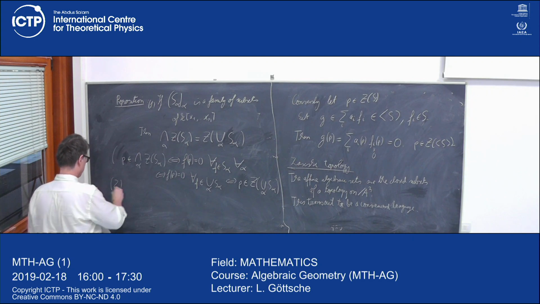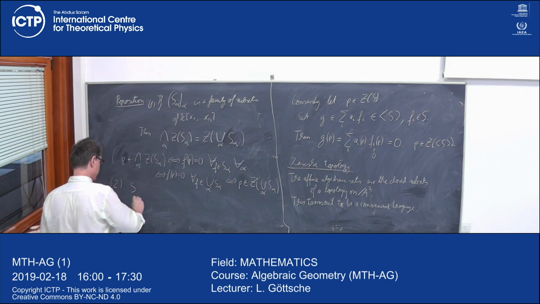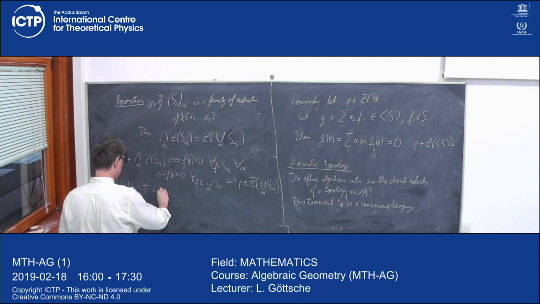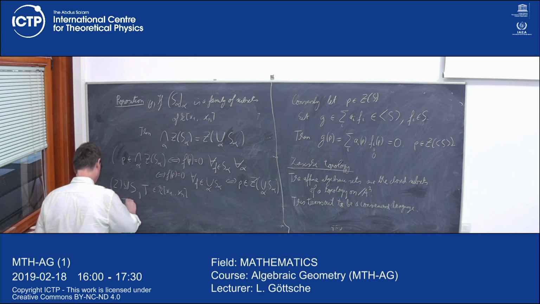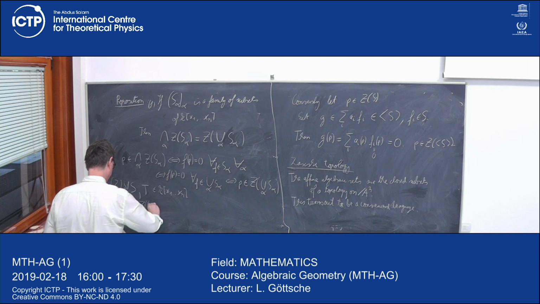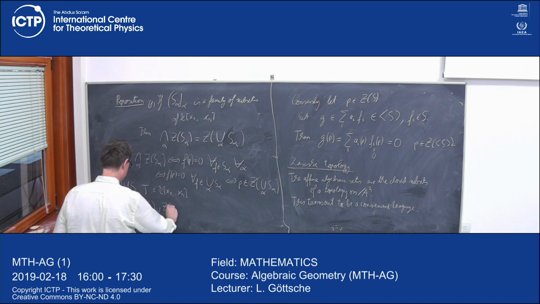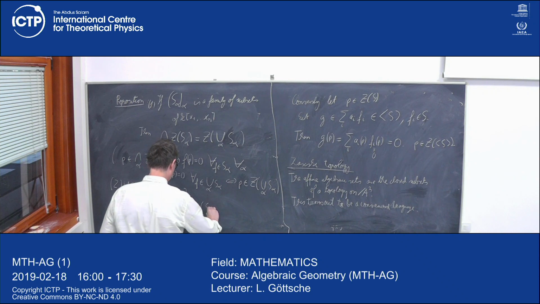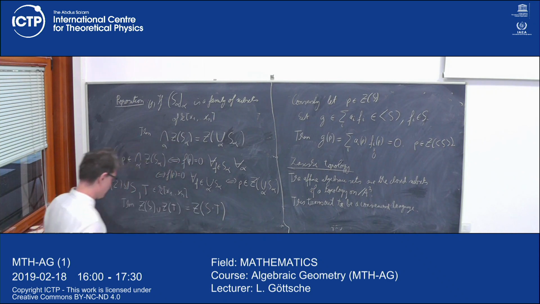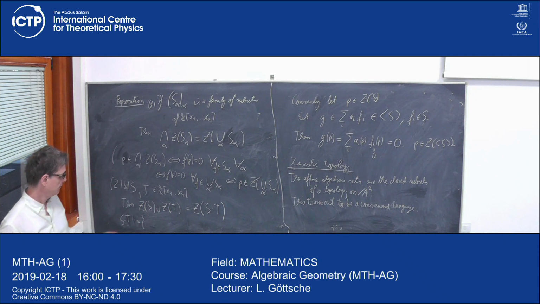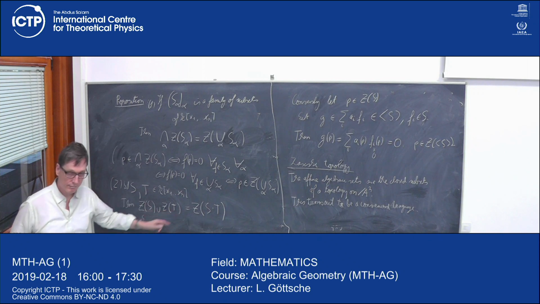The second one is not much more difficult. Namely, if we take two sets of polynomials S and T in K[x1,...,xn], then if I take the union of their zero sets, I can write this as the zero set of what I would denote S times T, where S times T is defined to be the set of all products f times g with one element from here and one from here.